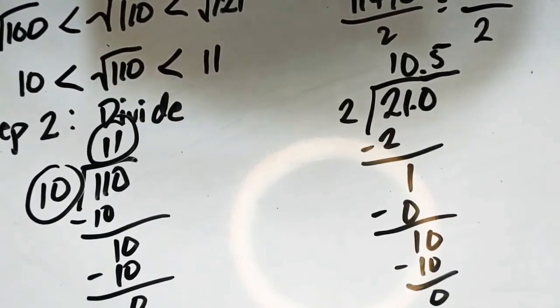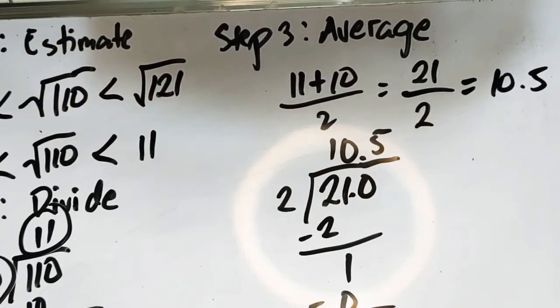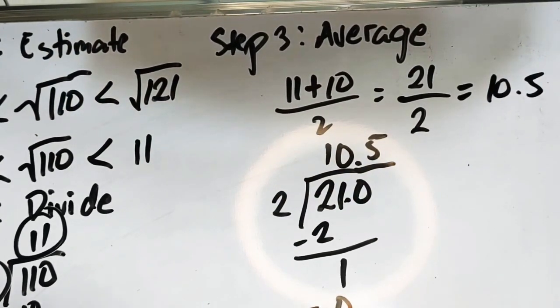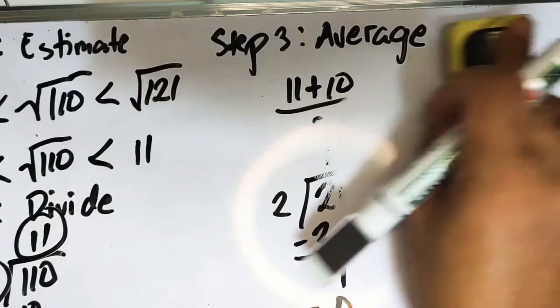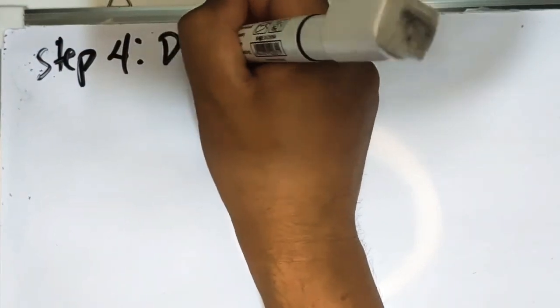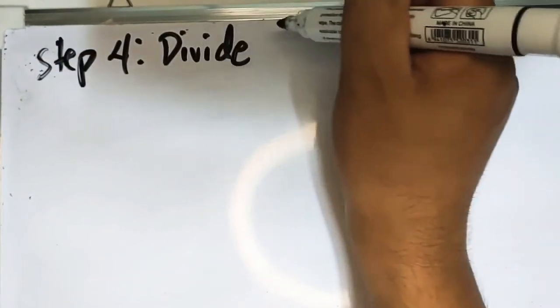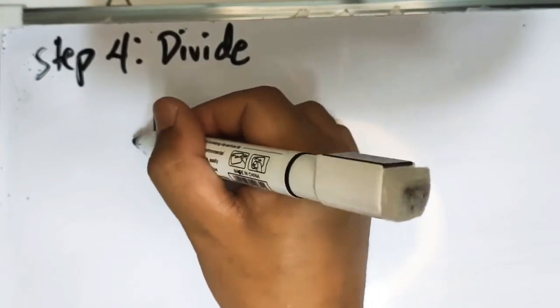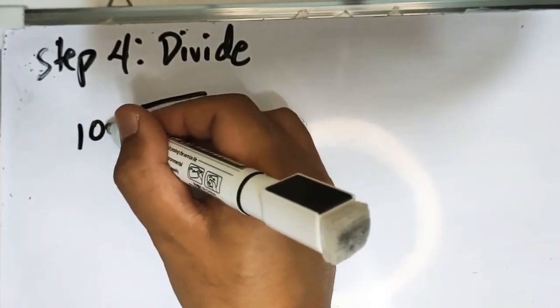Okay? So we have the average 10.5. Ayan. So ngayon, magdi-divide tayo ulit. I-divide natin yung ating given na 110 by 10.5. So step 4. Divide 110 divided by 10.5.